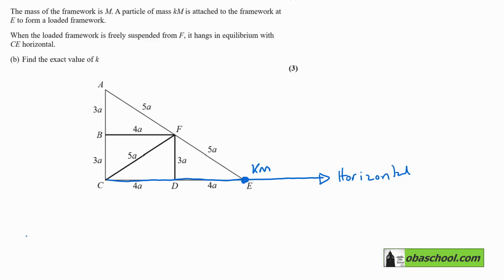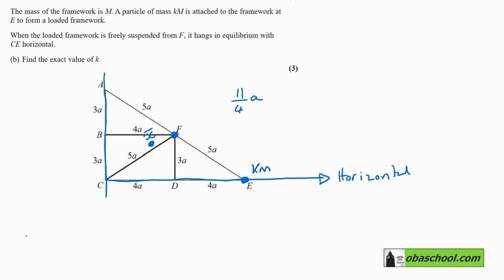So let's take moments about F. Now, we already know that the center of mass would be at a position here, x bar, and we found x bar in the first part of the question as being 11 over 4a from AC.